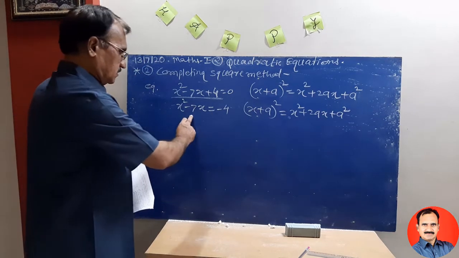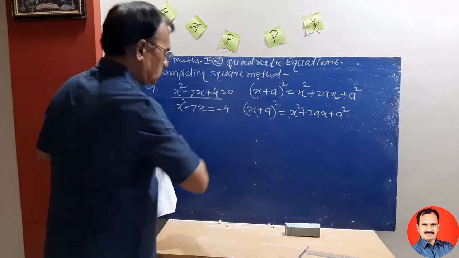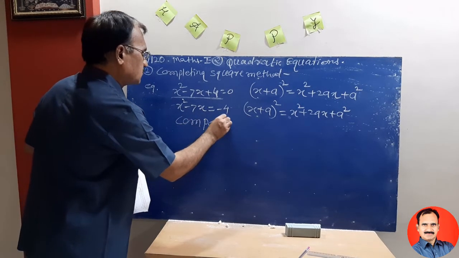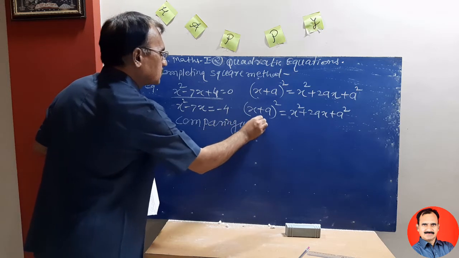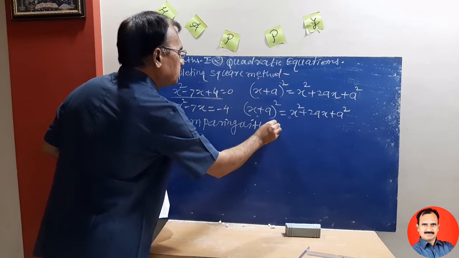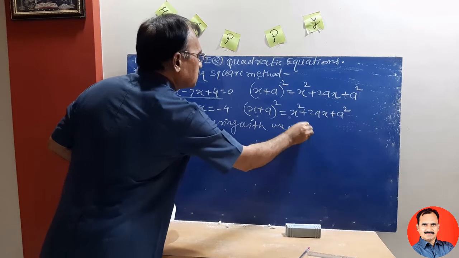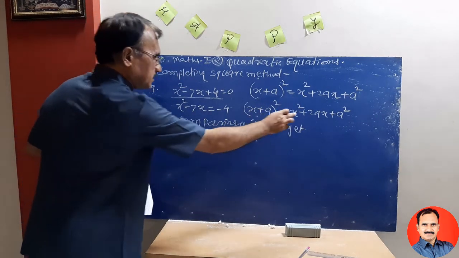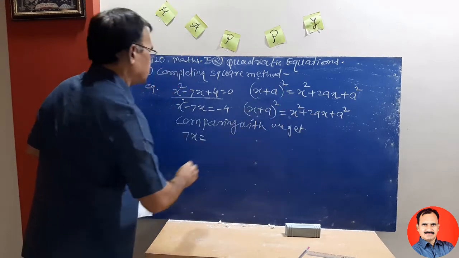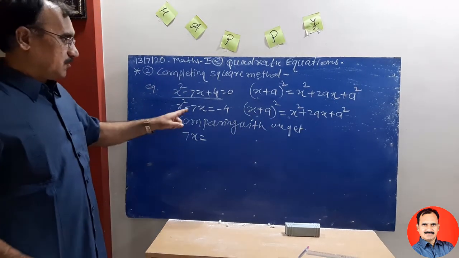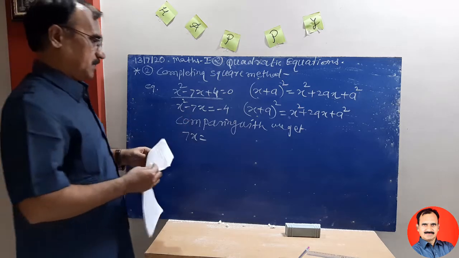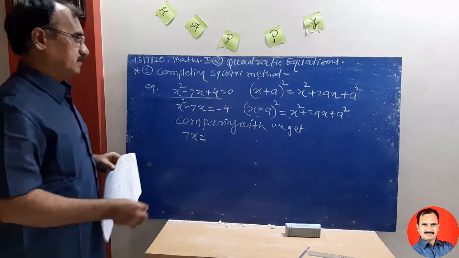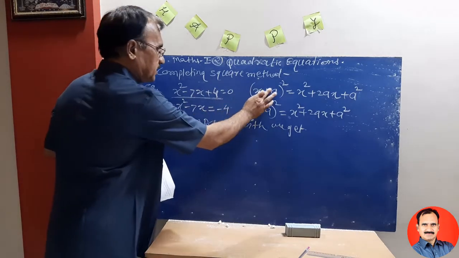Here we compare: x square is x square, no problem. Comparing with this one, we get minus 7x is equal to plus 2ax. If there is a minus sign, we have to write a minus sign here.